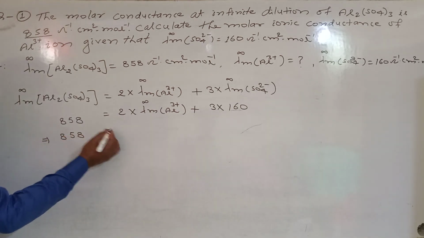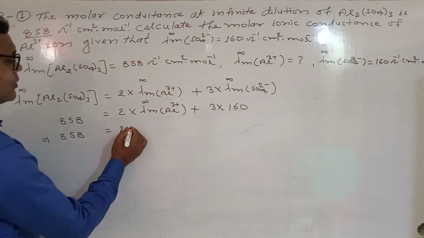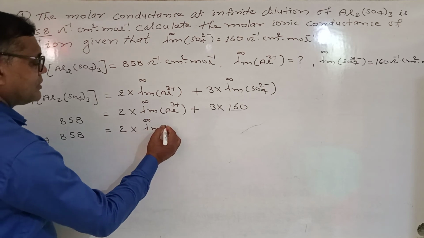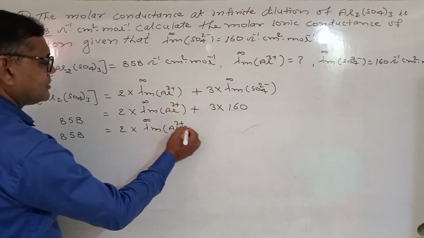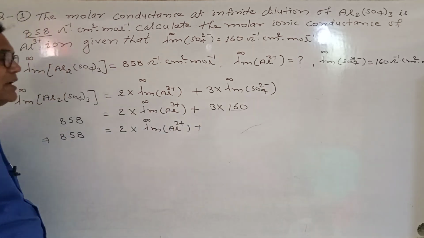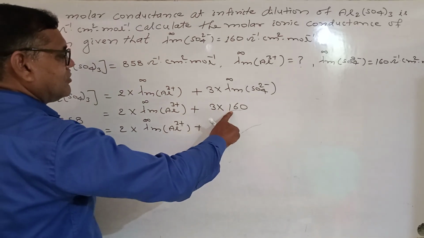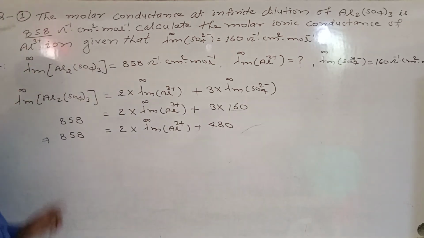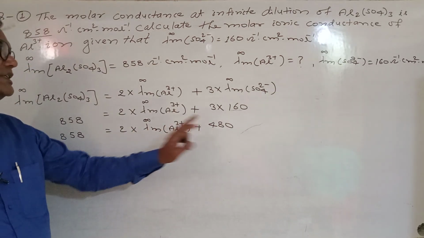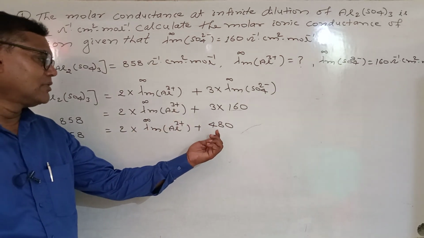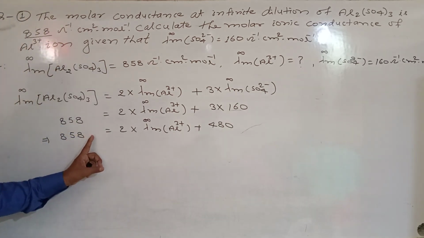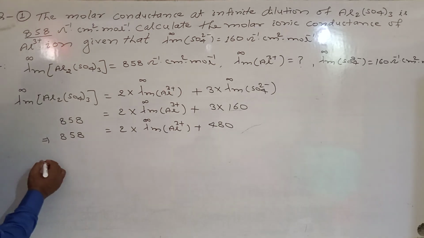Now we multiply 3 and 160, and we get 480. These are the same species, therefore 480 moves to the left side.